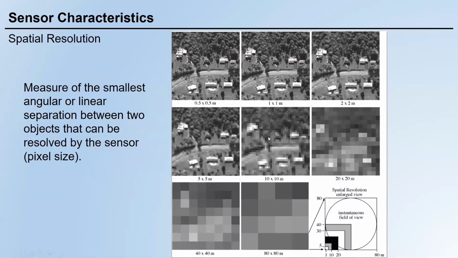And if you continue to 10 by 10 meter, 20 by 20 meter, from 20 by 20 meter, you cannot even tell if there are houses or roads or vegetation here. If it is 80 by 80 meters, you will see only pixels with different grayscales. So obviously, the higher the spatial resolution, the better the accuracy or the clarity of an image.